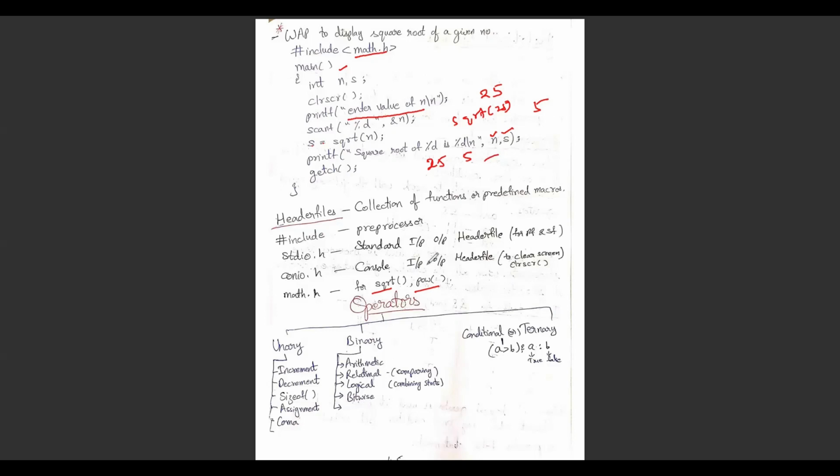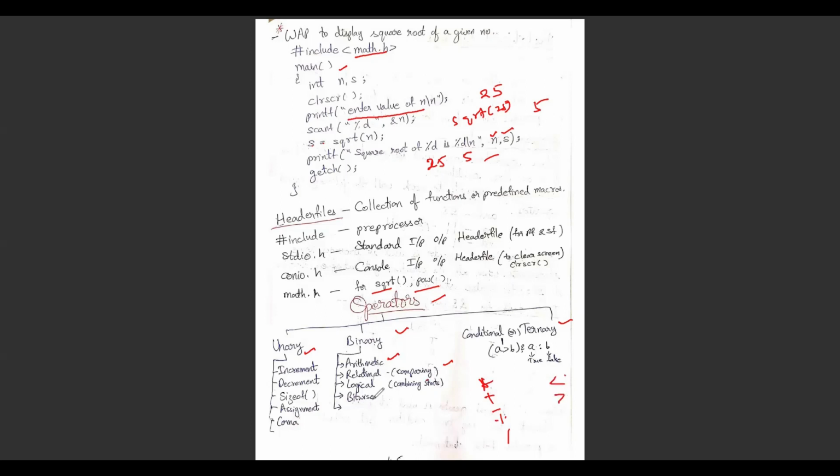Clear? Afterwards, you're going to have some operators: unary operators, binary operators, followed by conditional or ternary operators. Binary operators: you have arithmetic operators, plus, minus, followed by division, modulo division, and multiplication. All these are arithmetic operators. Relational operators, less than, greater than, like that.